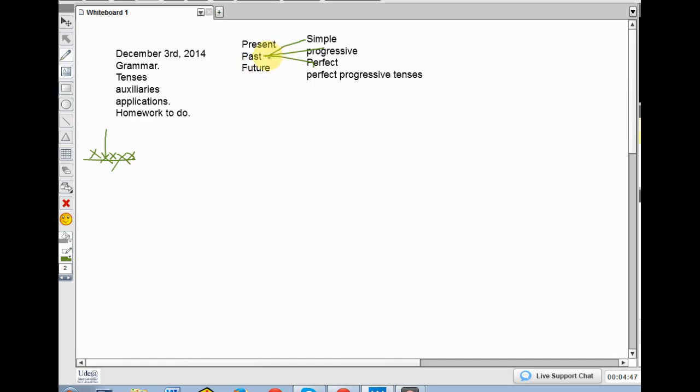So you got the picture, I guess. So we have in total 12 tenses.